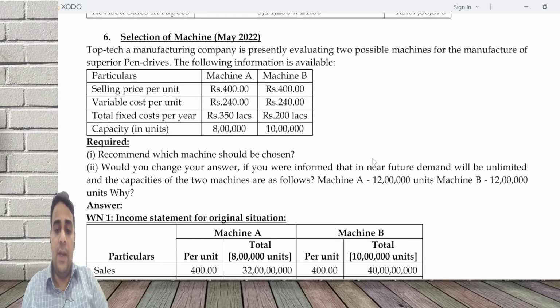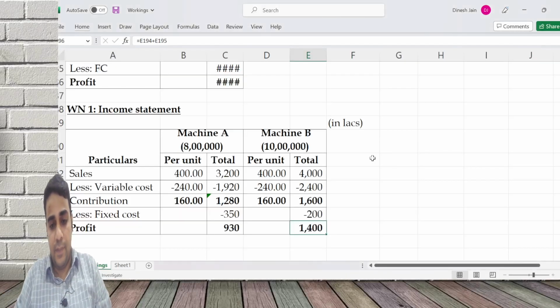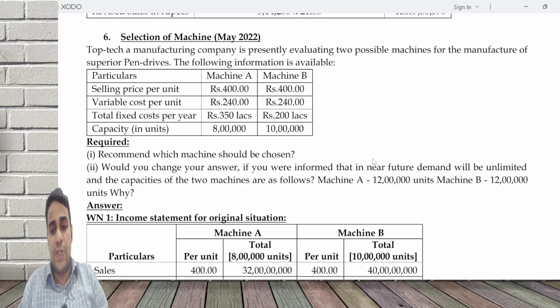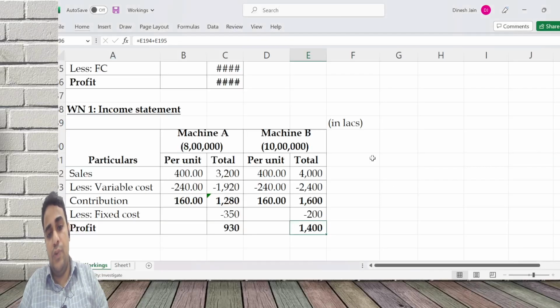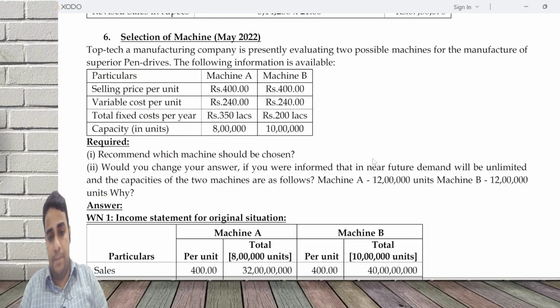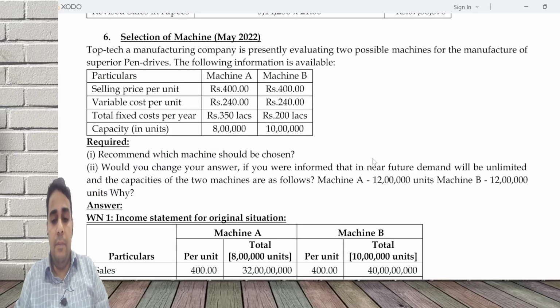Profit is 1400. So obviously, I'll choose Machine B because that gives me more profit. Machine B is preferable because that gives me more profit.